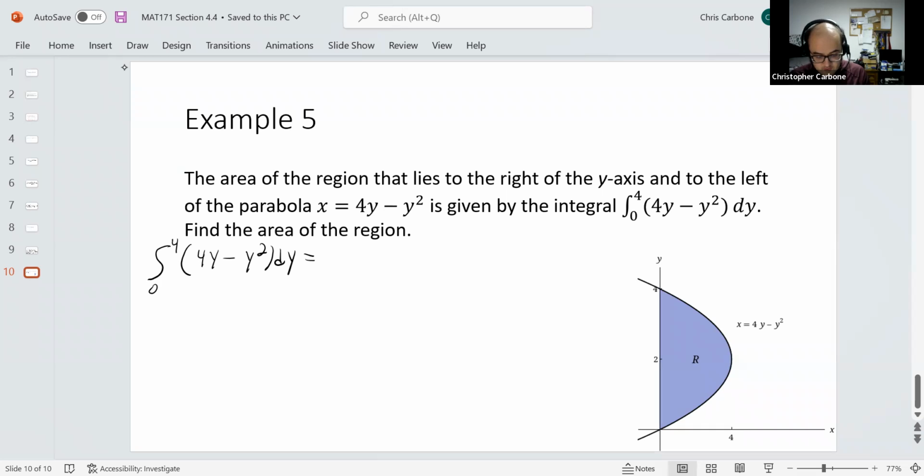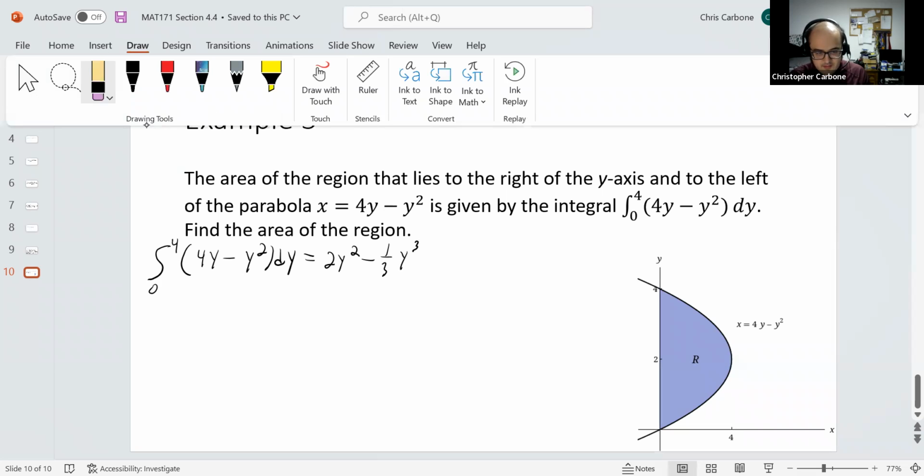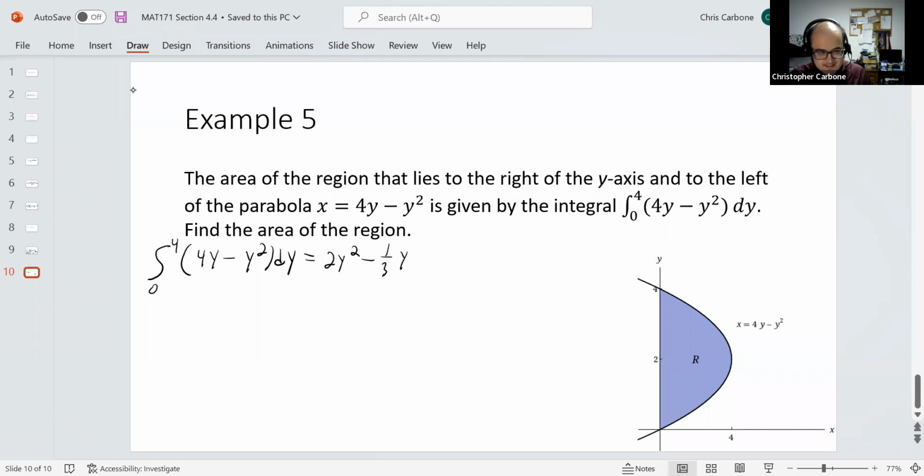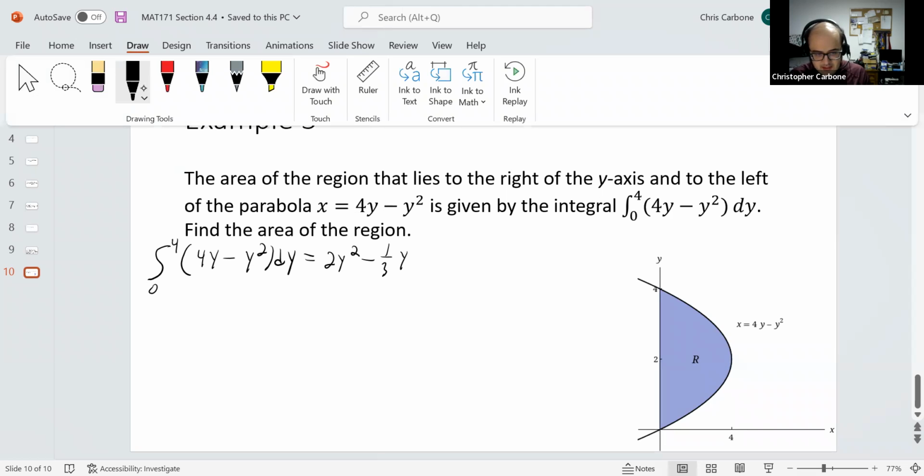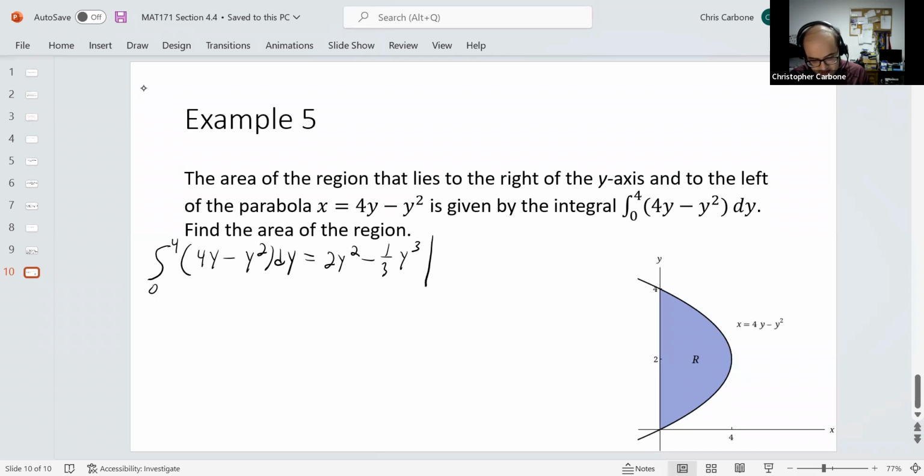So this will be 2y squared minus a third y cubed, and this is calculated between the values of 0 and 4. So 2 times 4 squared minus a third times 4 cubed.